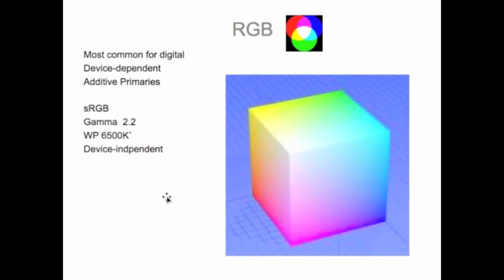RGB is the same idea. You will have red, green, and blue, and there will also be magenta, cyan, and yellow. And they correspond to each other so that magenta sits across from green, yellow sits across from blue, and cyan sits across from red. It's complement in the additive.